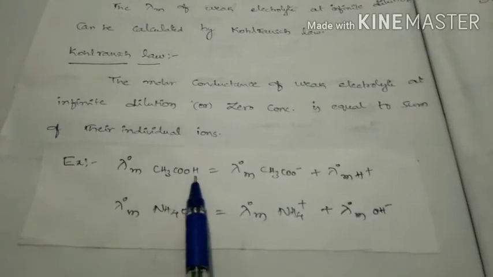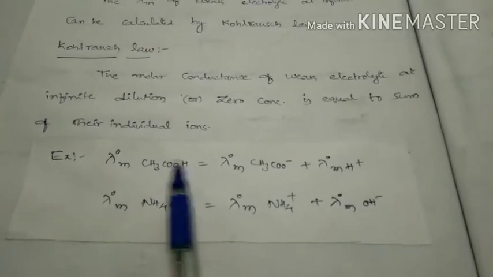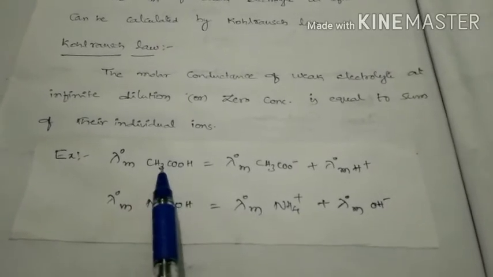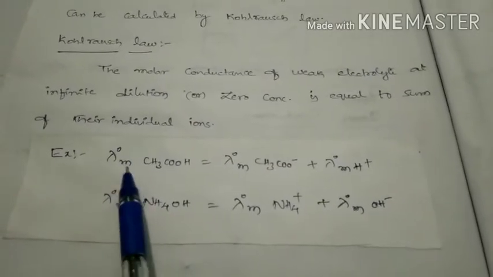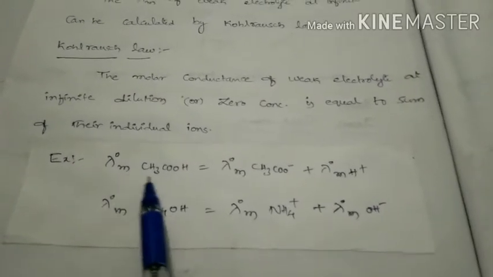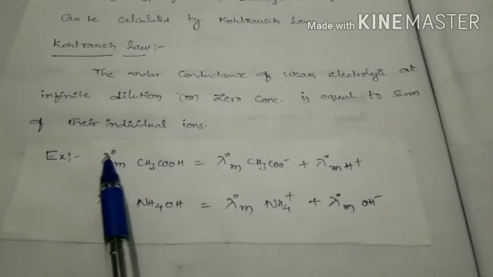Lambda naught m of CH3COOH. CH3COOH is acetic acid. We know that this is a weak acid, nothing but a weak electrolyte. So how can we calculate the equivalent conductance of the weak electrolyte at infinite dilution or zero concentration? The zero means zero concentration. Lambda m means molar conductance. So now we have to find the molar conductance of this acetic acid at zero concentration.